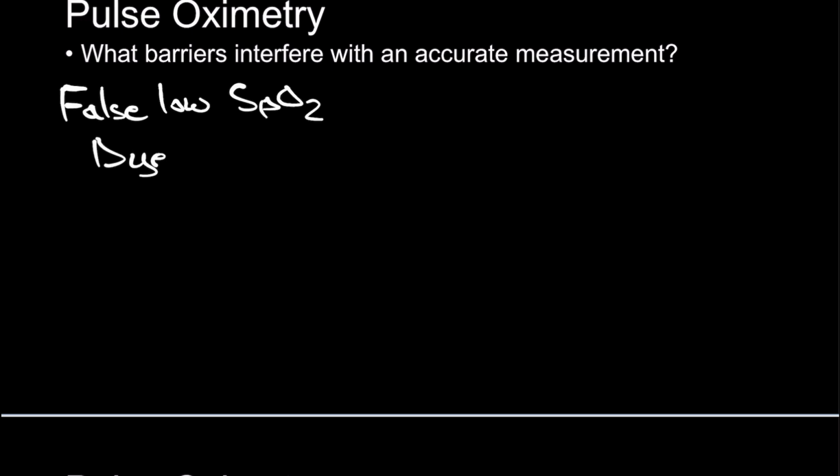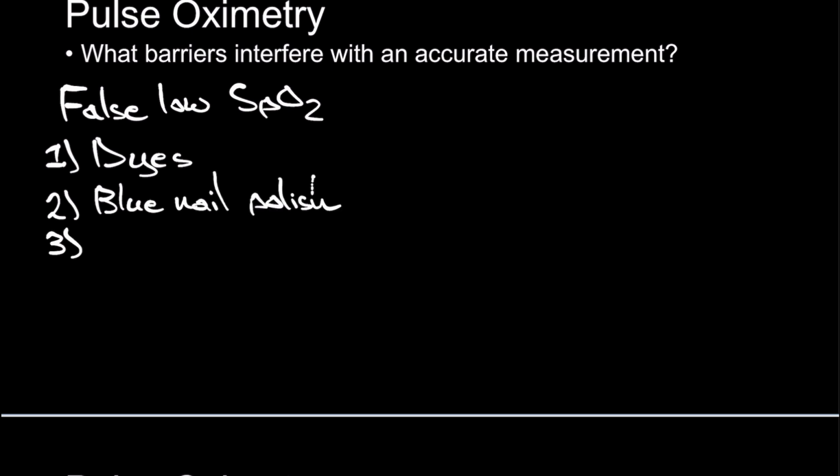A few different factors can produce a falsely low SpO2 reading. So various dyes. The two most common ones are going to be methylene blue and indocyanine green. Those can produce a falsely low SpO2 reading if those are injected intravenously. Blue nail polish, and then shivering or other motion. Probably the most common one that you'll see is a malpositioned sensor.